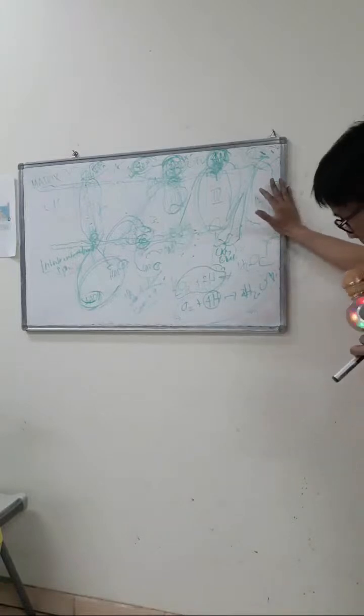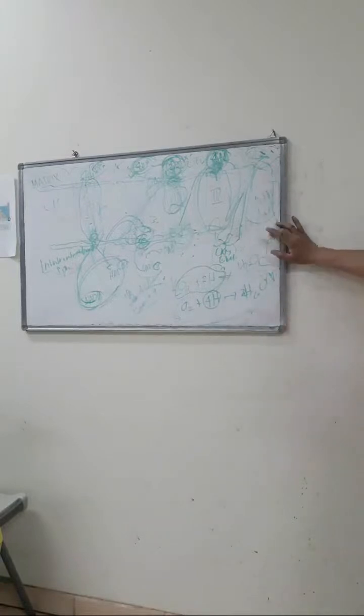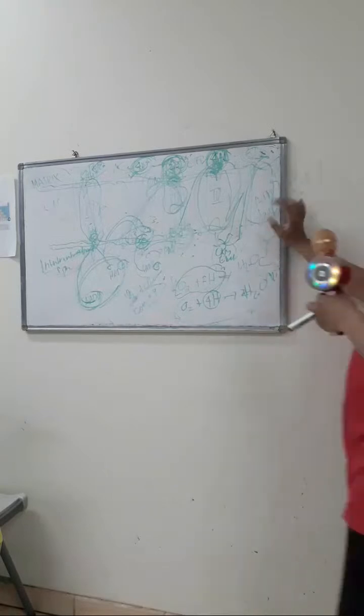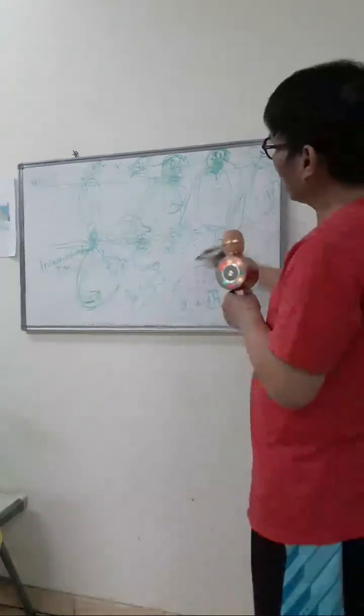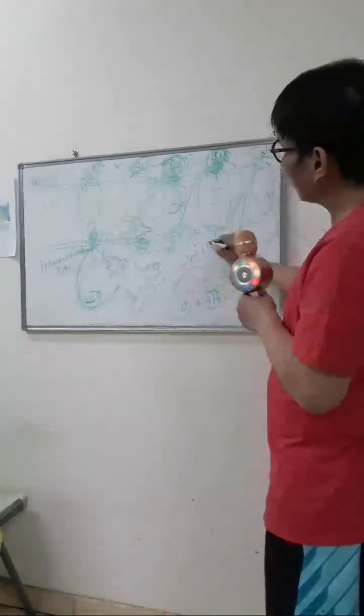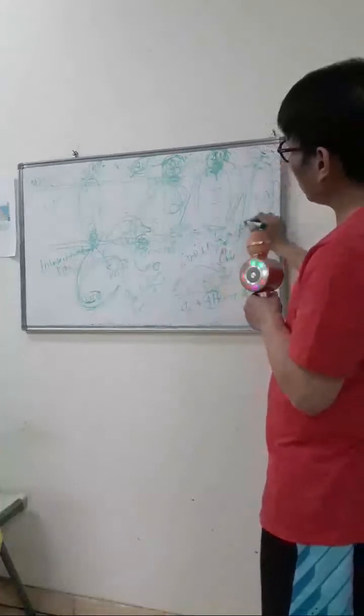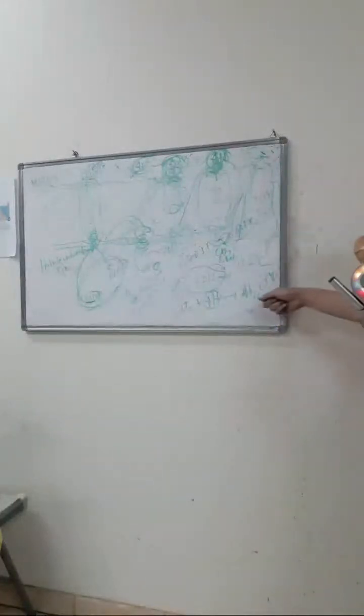So the final stage is the ATP synthase enzyme that will produce ATP. ADP plus inorganic phosphate is equal to ATP. And then we also have water, so water and ATP.